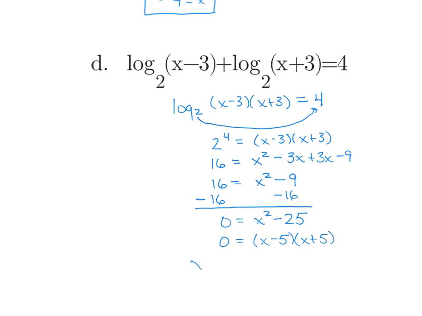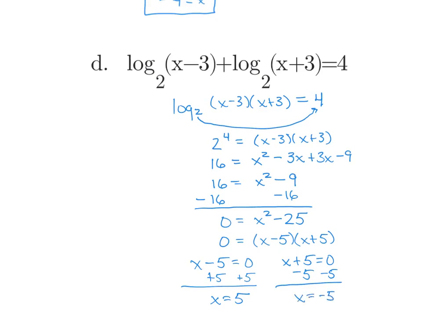If we set each factor equal to 0, we get x minus 5 equals 0, x plus 5 equals 0. And now when we solve each one of these little equations, we get x equals 5. We can subtract 5 on the second one, giving us x equals -5.